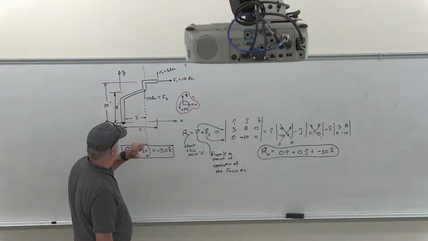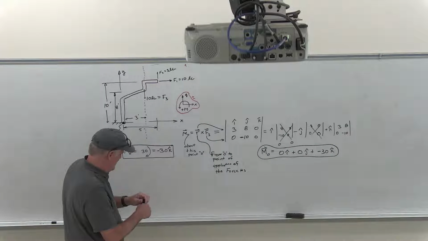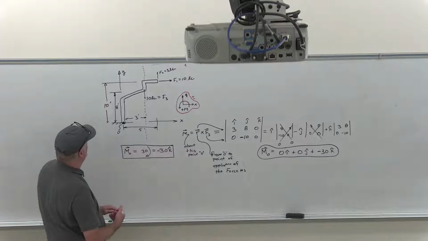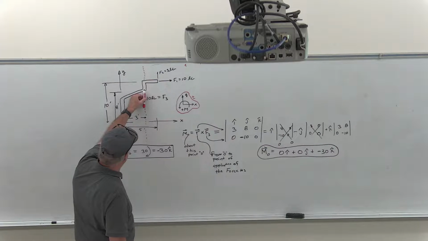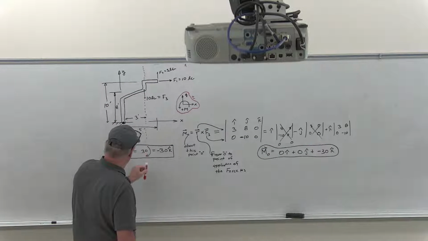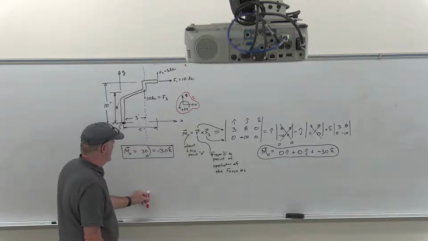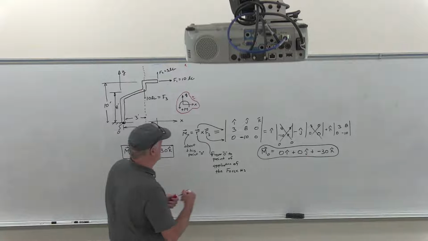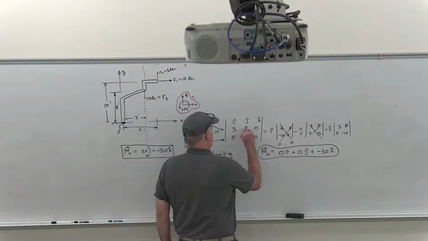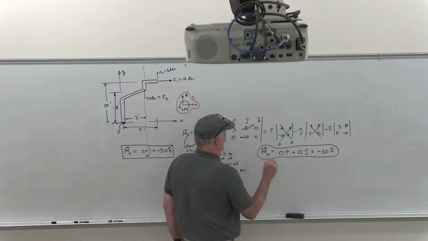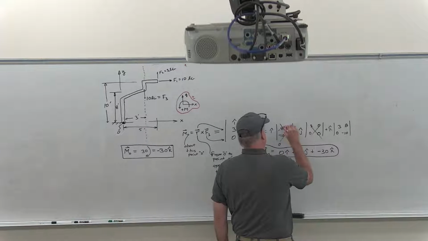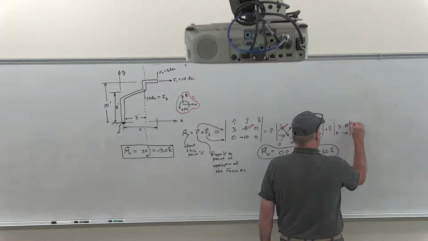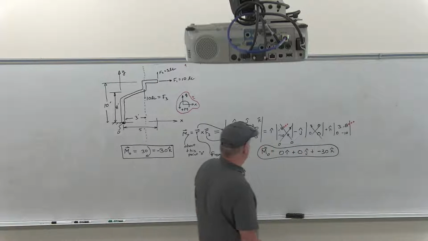Now, let's look at the math here and let's suppose we take this force and move it way down here to like minus 8,000. So we put a minus 8,000 here. Did it change anything?